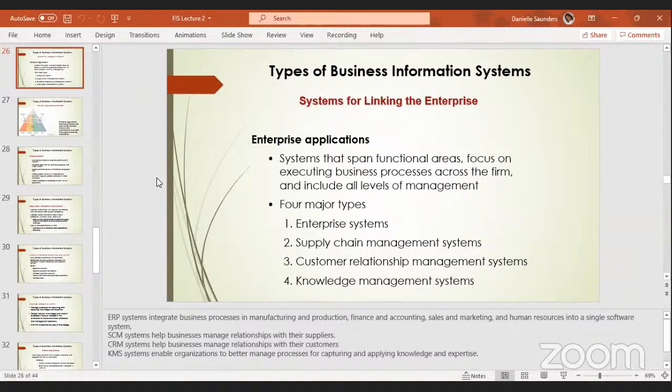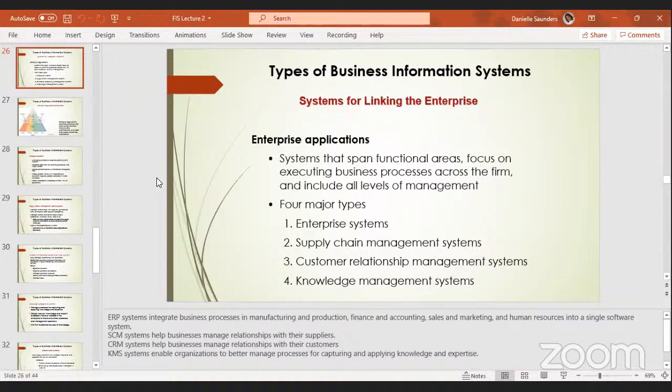I was saying that enterprise applications, there are 4 major types. And it's a little bit tricky because for one, what is known as number 1 has 2 names. So enterprise systems are also called enterprise resource planning systems. And the group of the 4 things as a whole group are called enterprise applications. Don't worry about why these terms are this way, but what's really important is that they're software for companies, otherwise called applications.